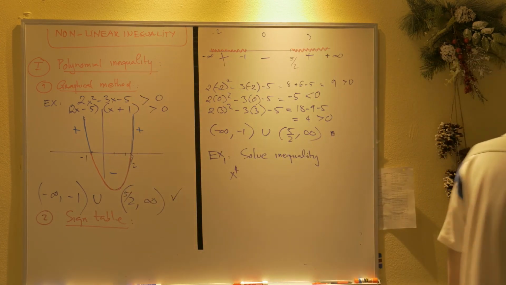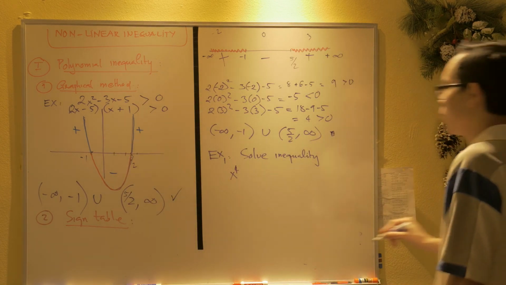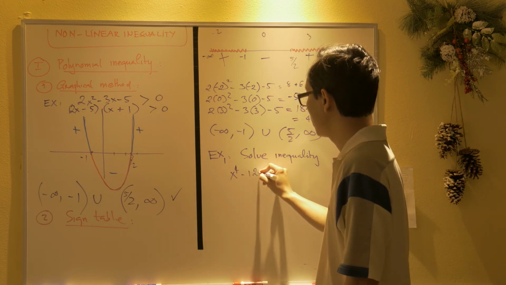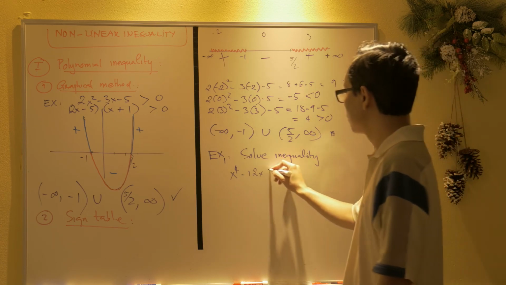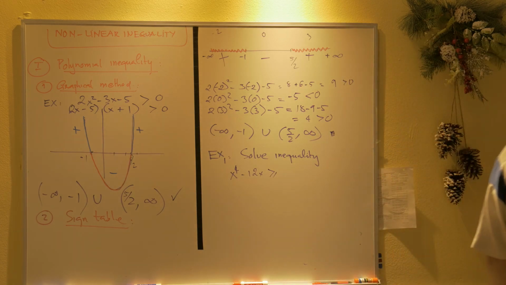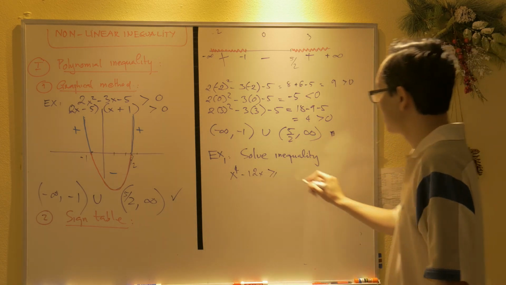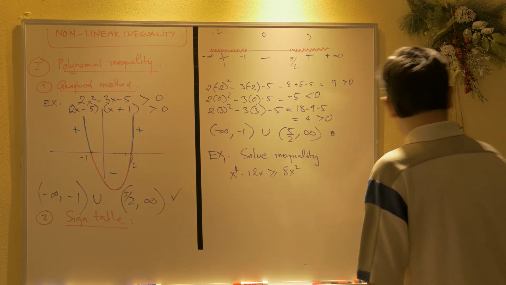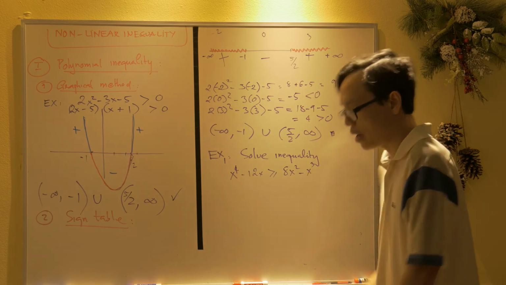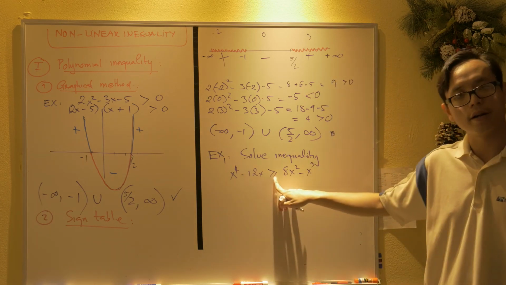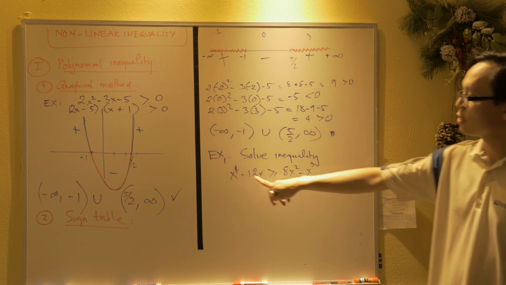High degree, greater than second degree, minus 12x, greater than or equal to, ax squared minus x cubed. This is an inequality because it's greater than or equal. This is a 4th degree.